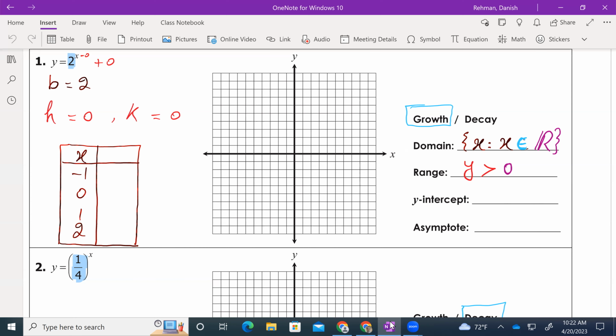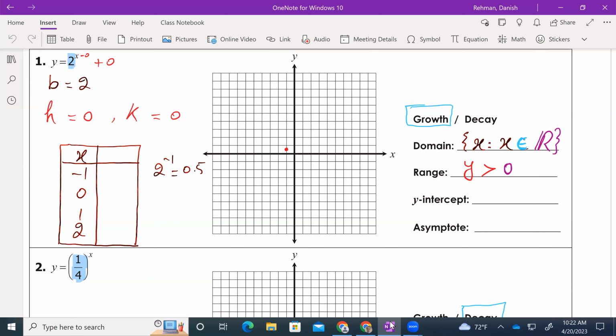For -1, if I substitute it over here, 2 raised to power -1 will be 1/2 or 0.5. You can use calculators for that. 1/2, and that's going to be somewhere over here. At this point, 1/2.